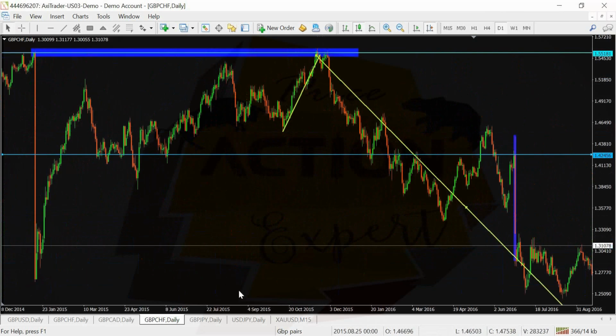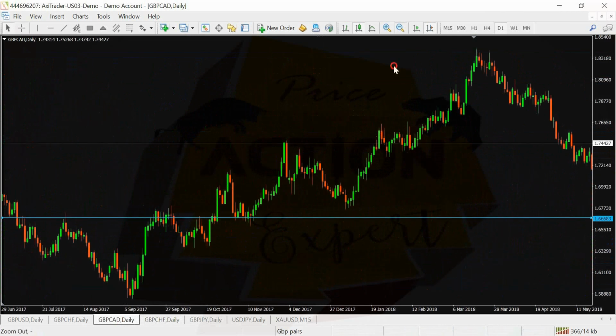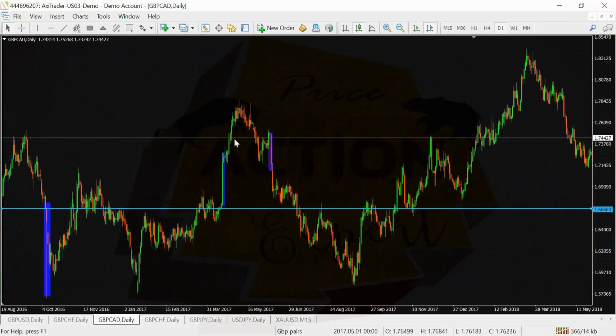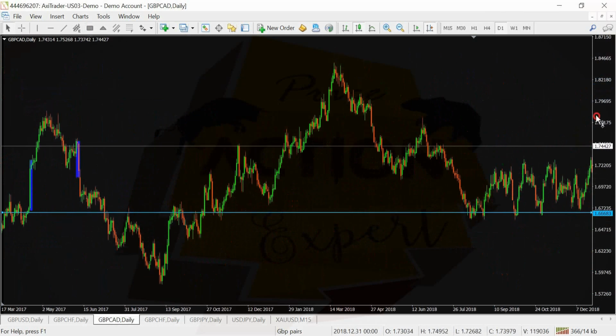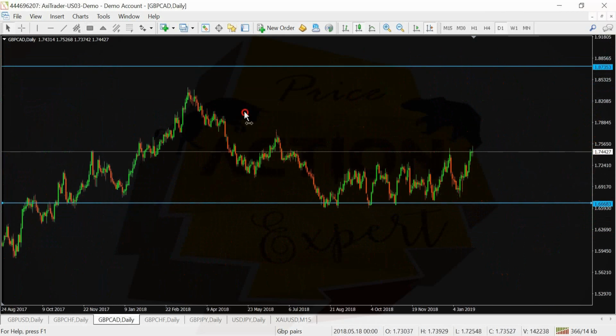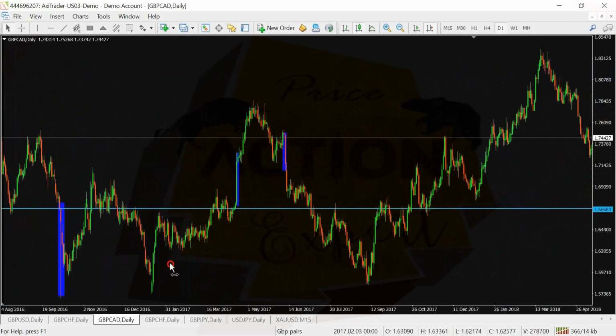Okay, next I will show you GBP CAD. I have taken 2, 3, 4 candles here. This is the opening price of Brexit. We didn't touch here, so let's leave that. This is actually the post Brexit crash.